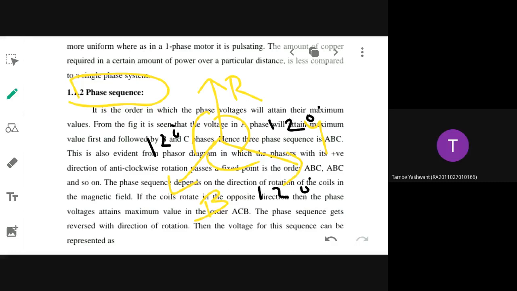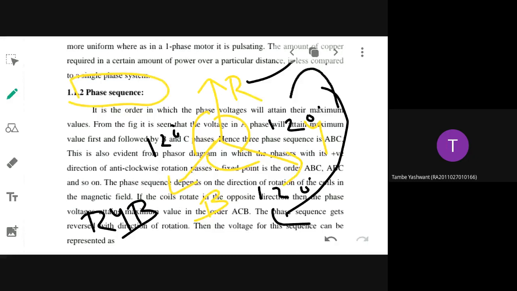If it is in one particular sequence, in clockwise, then the sequence is R, Y, B. That means R phase is achieving the first maximum value, followed by Y phase achieving the maximum value second, and B phase achieving the maximum value third. That is called what sequence? Phase sequence.